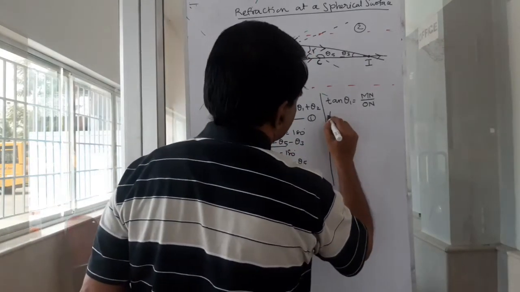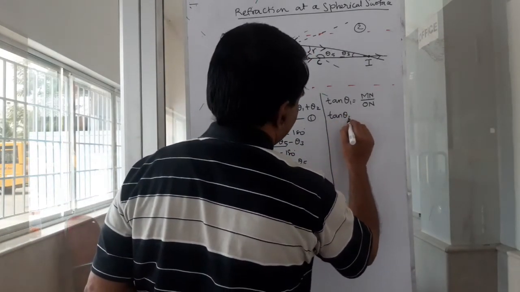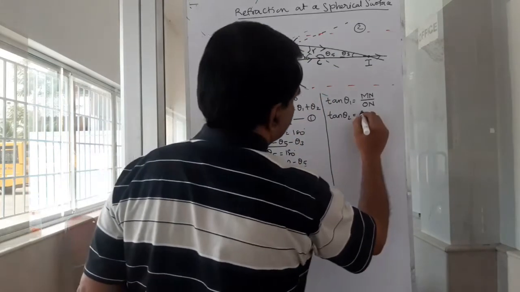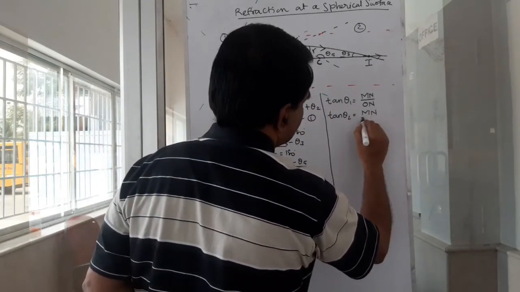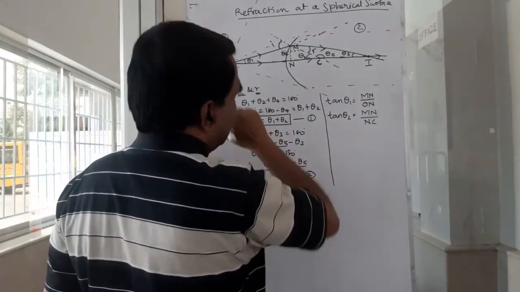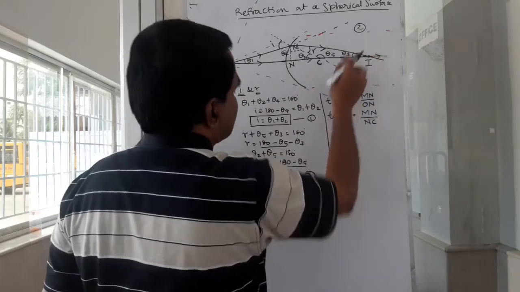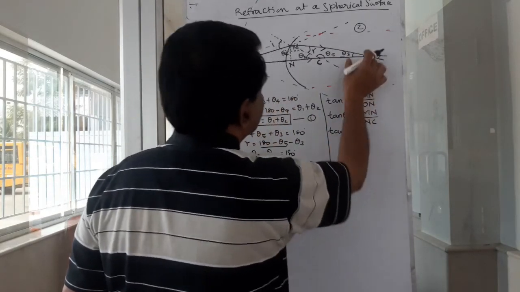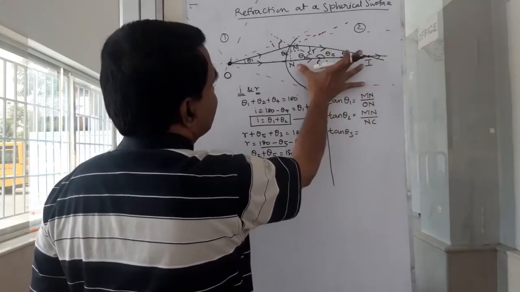Tan theta 2 is equal to MN divided by NC. And tan theta 3 is again MN divided by NI.